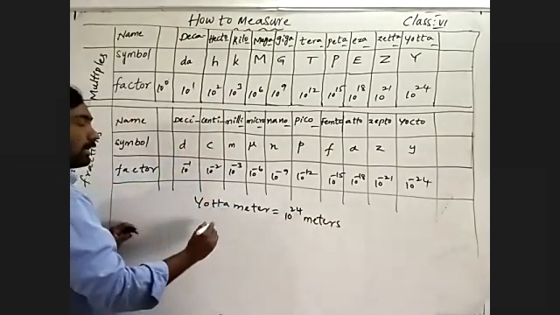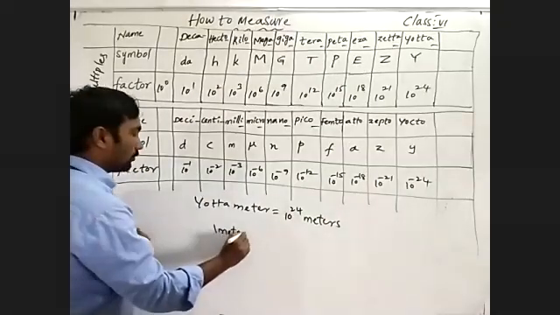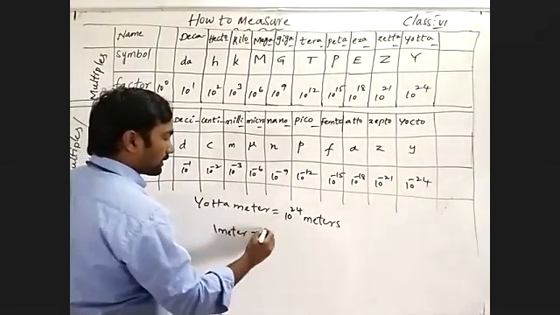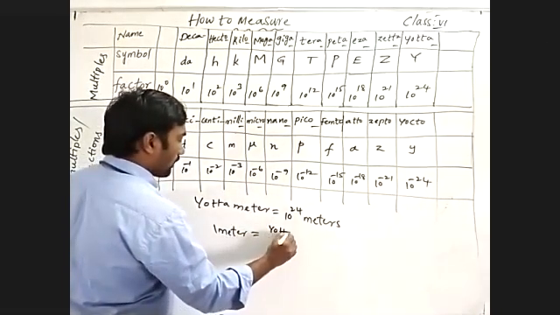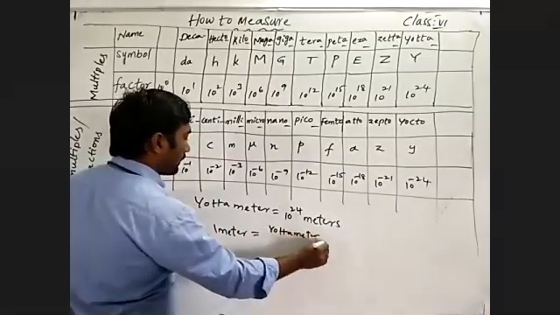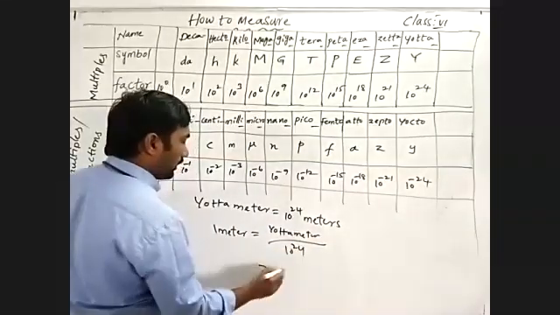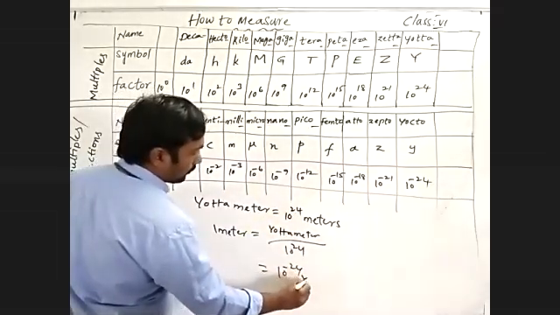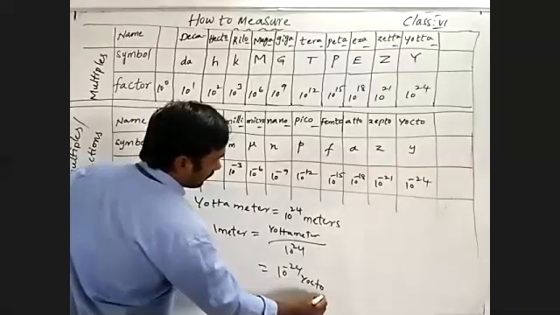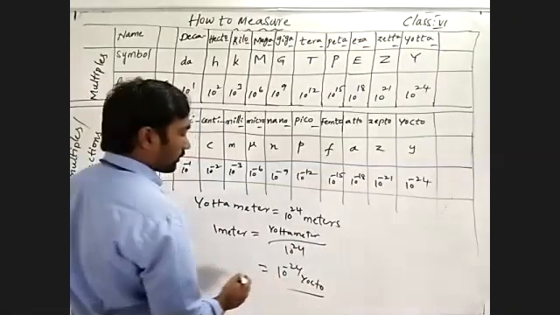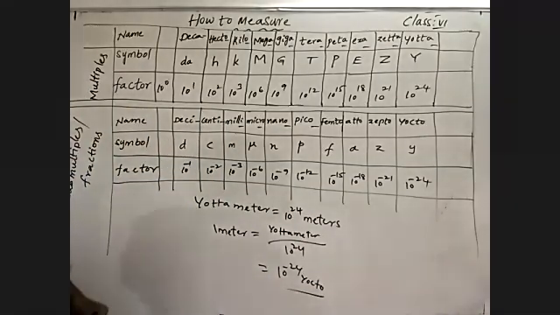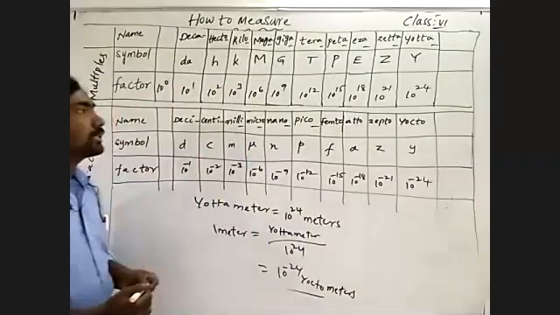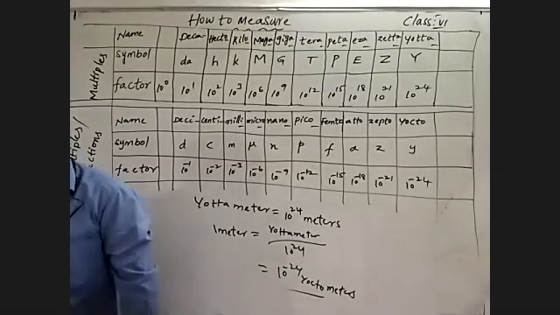So what can we write? 1 meter is equal to, bringing it to this side, 1 yottameter by 10 to the power of 24. If we write it upside as 10 to the power of minus 24, what are we writing? Yoctometer. By that, any conversion is possible.